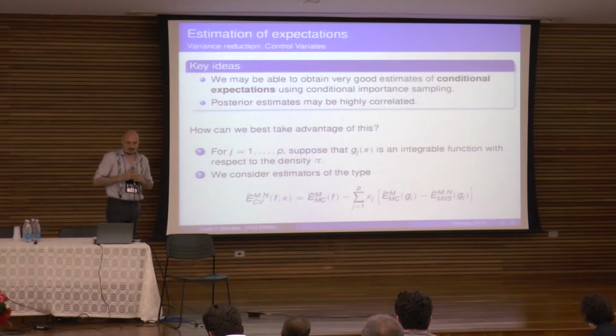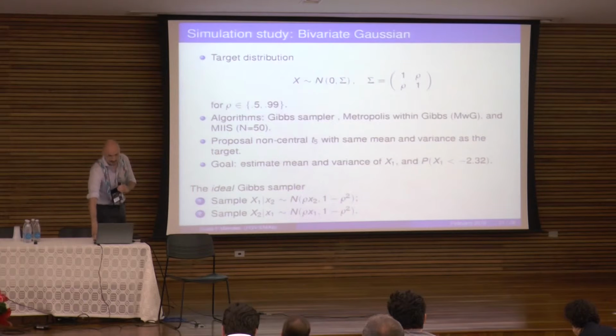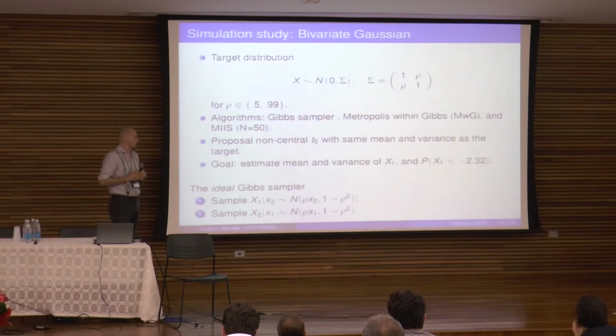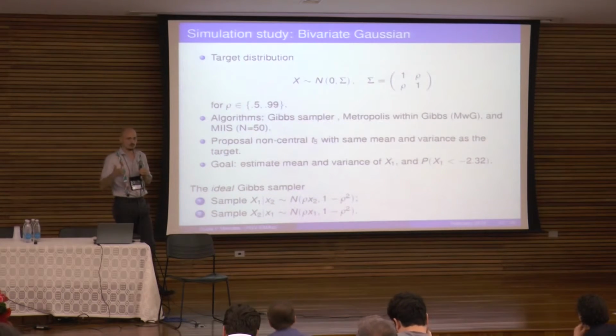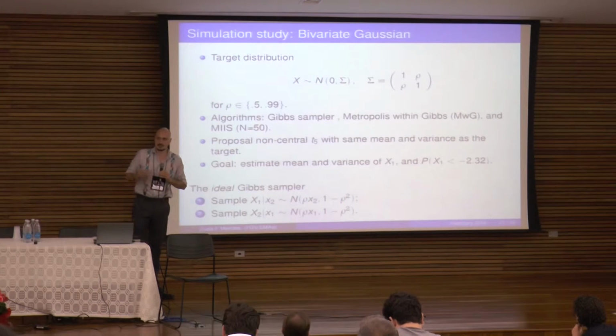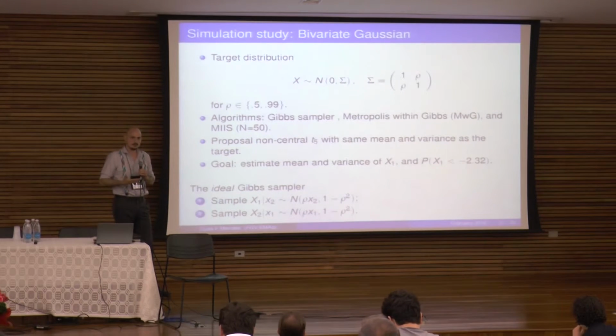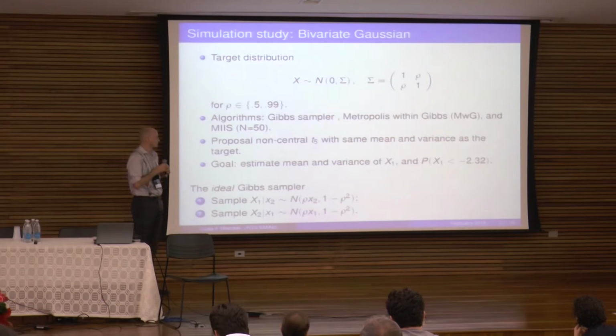Well, does it really work? Well, it does. I have a couple of examples. One of them is a bivariate Gaussian toy model in which I'm sampling x1 conditional on x2, and x2 conditional on x1. If you have ever worked with a Gibbs sampler, you can control the autocorrelation of the chain by changing the correlation between x1 and x2.